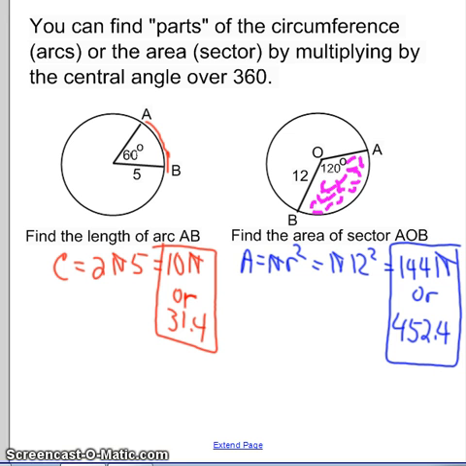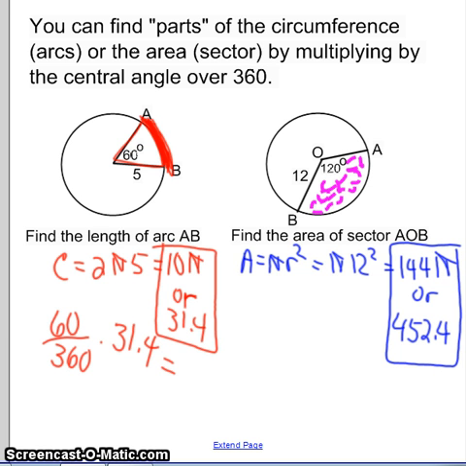In the circle on the left, we're only concerned about 60 degrees of that circle because we have this angle right here, 60 degrees. So we want to know the 60 degrees that go around the outside. So it's 60 out of a total of 360 times 31.4. And when we multiply that out, we're going to get this section of the circumference.